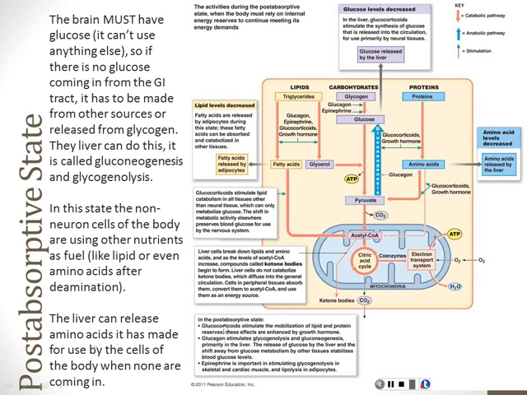So the liver very much controls what nutrients the body is using at any given time, and it can produce all of those nutrients as well. So it's an organ that's focused on nutrients for the body. All right. So post-absorptive state, spare the glucose for the brain, use everything else, and then the liver can produce what's needed.